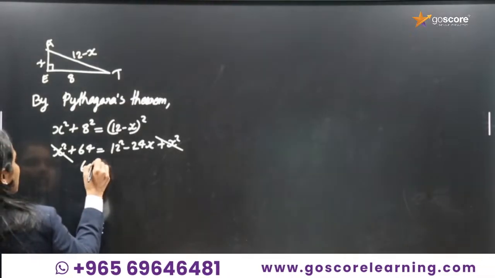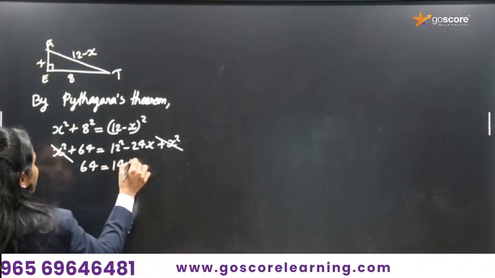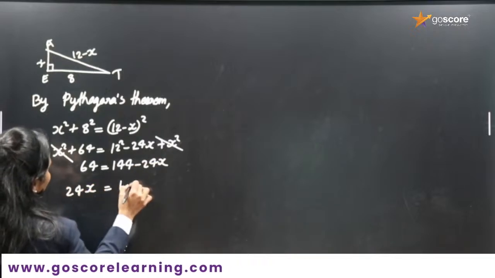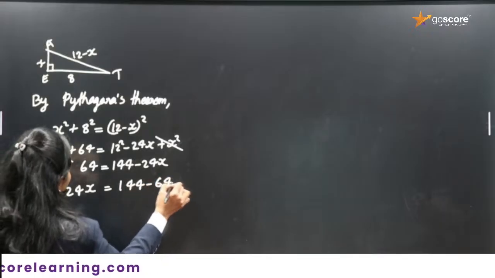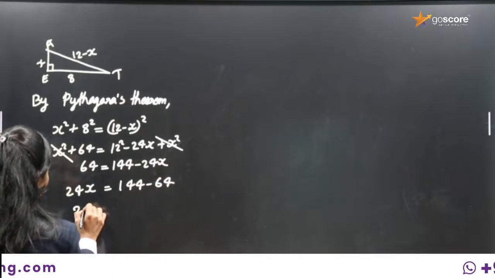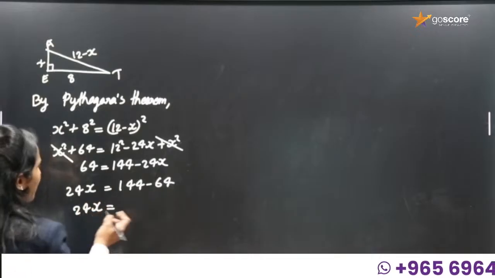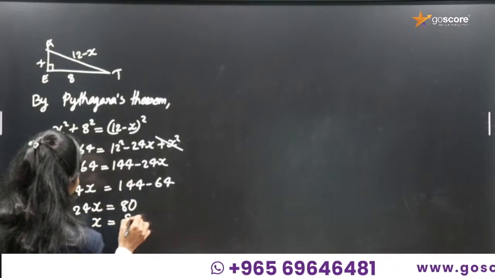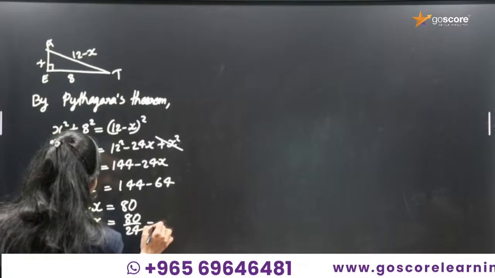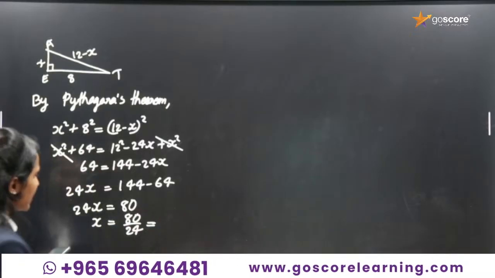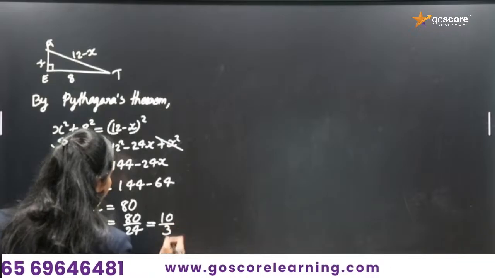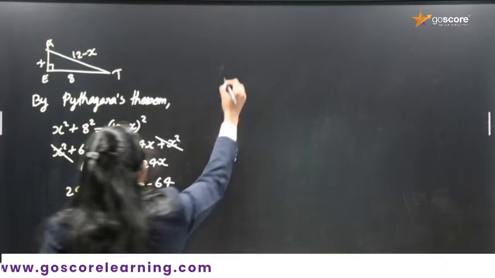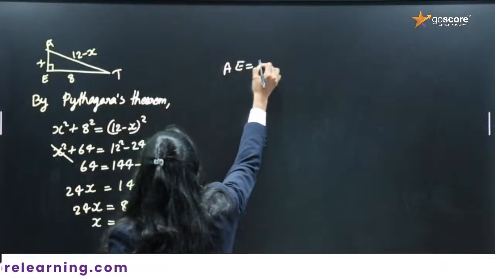So 64 equal to 144 minus 24x, or you can say 24x is equal to 144 minus 64, that is 80, right? So x is equal to 80 divided by 24, and when we simplify with 8, you'll be getting 10 by 3. So we got AE, that is x. AE equal to 10 by 3.